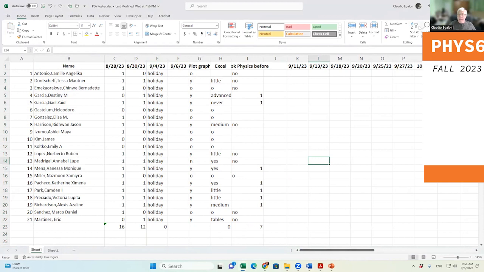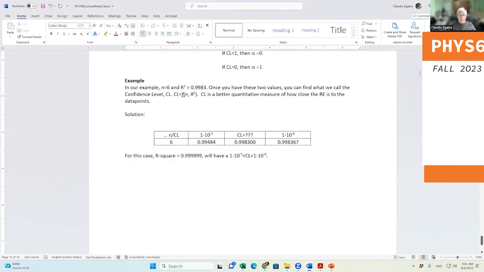I have a question. From the last example, you didn't include the last 2 digits, right? If you include the entire number, then R square equals 0.998367, right?